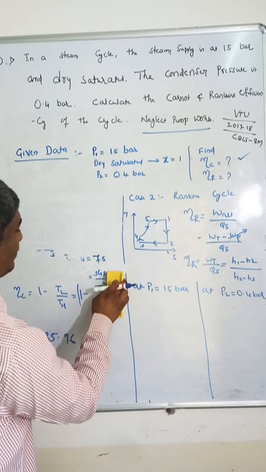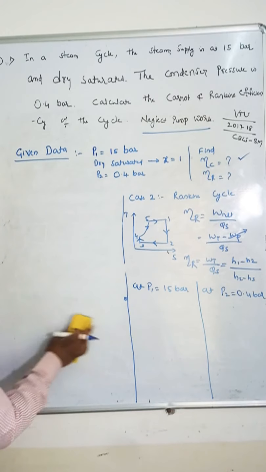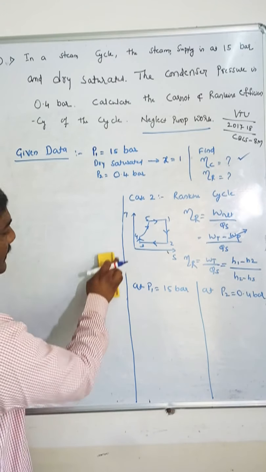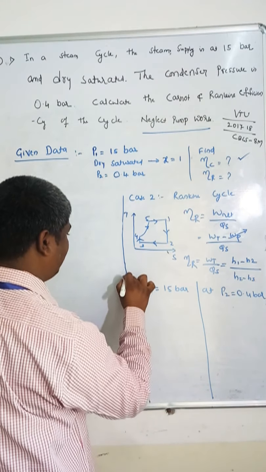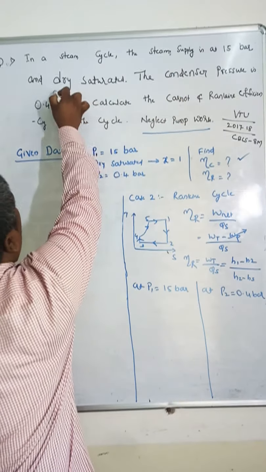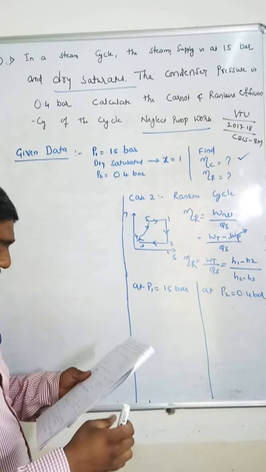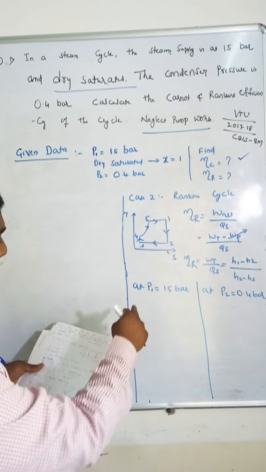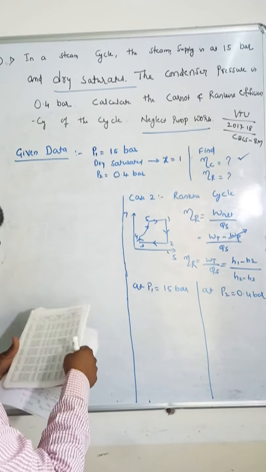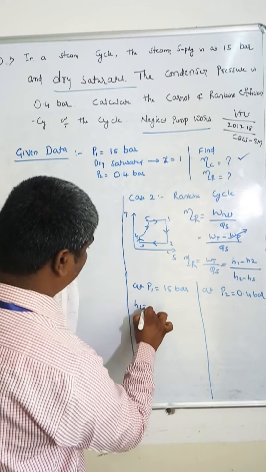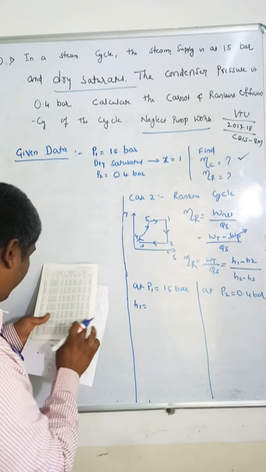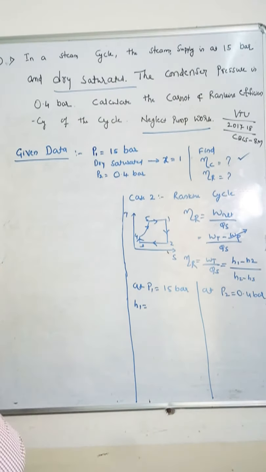So which condition is here? At 1 it is dry steam, because it is given as dry saturated, which means dry steam only. At P1, 15 bar, you should find H1 and S1. So H1 is equal to how much? At 15 bar, just check.